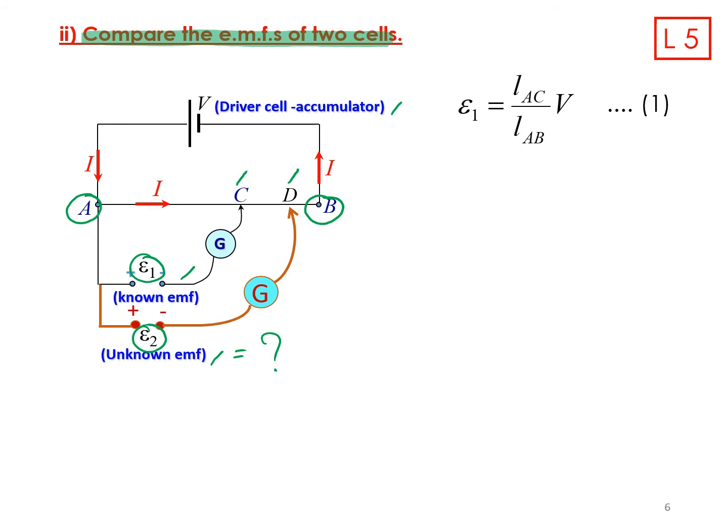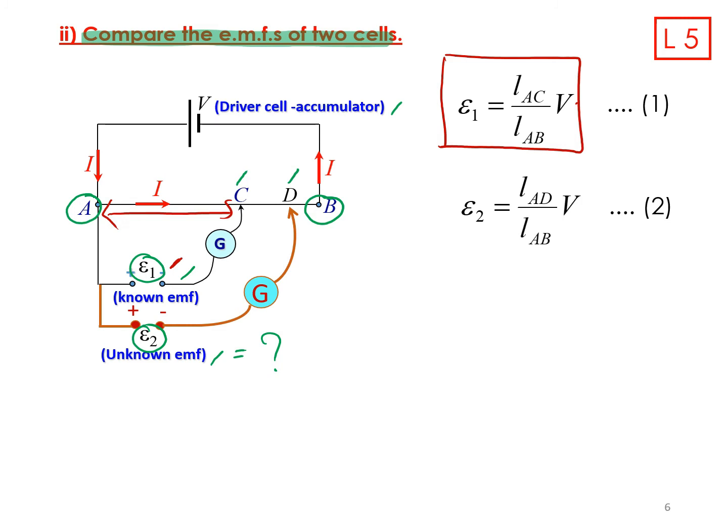You end up with the equation EMF1 equals balance length LAC, because it is about your EMF1, LAC multiplied with the V, over the whole length LAB. So that's for EMF1.